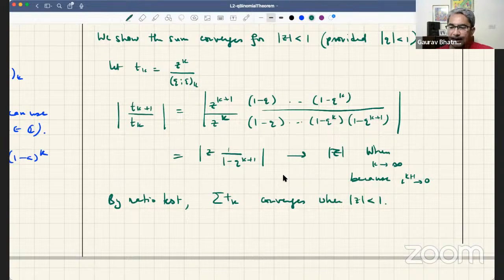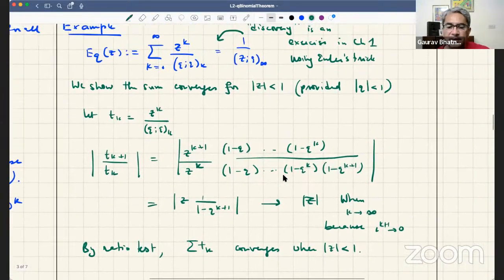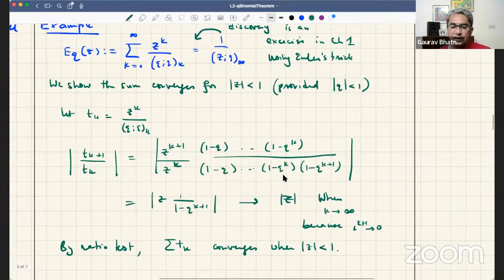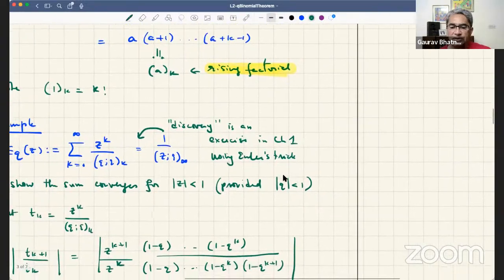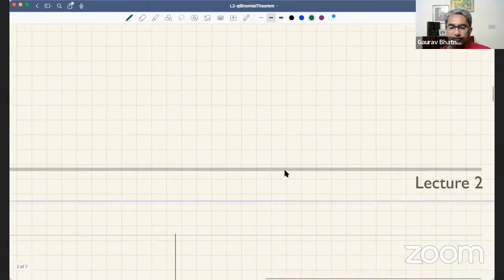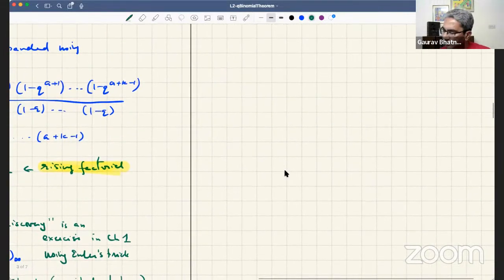This is about as tough a convergence test as is required in almost all of q-series, so it's quite important to understand how to do this. This is as tough as it gets in most of q-series as far as convergence of series goes, and products will also be very similar, which we will come to at some point.